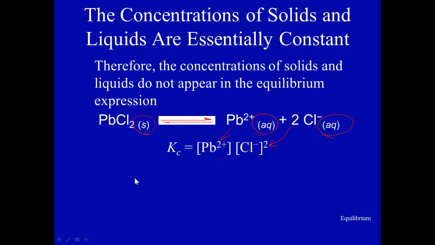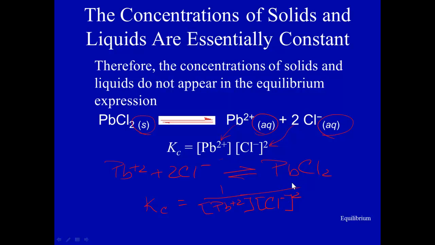I could actually write this the reverse way, because there are double-sided arrows there. If I were to write my equilibrium expression, I would have Kc equals, well, this PbCl2 is a solid, so it would be 1 over my concentration of Pb2+ times my concentration of Cl minus, squared.